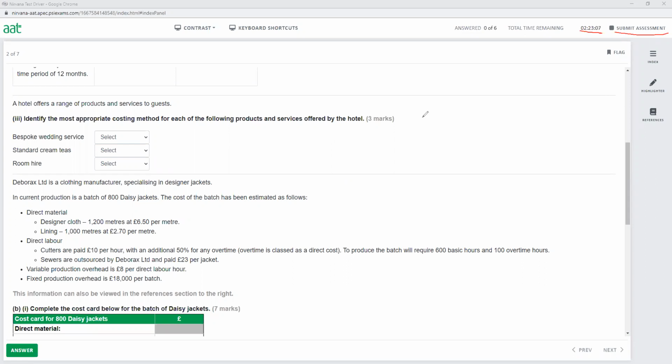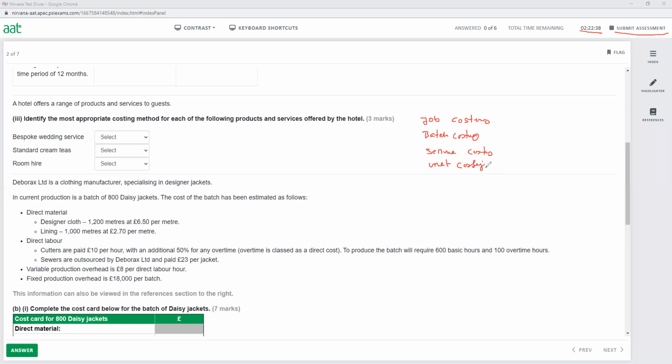For example, we have job costing, batch costing, service costing, and standard costing or unit costing. So we have a lot of costing methods.